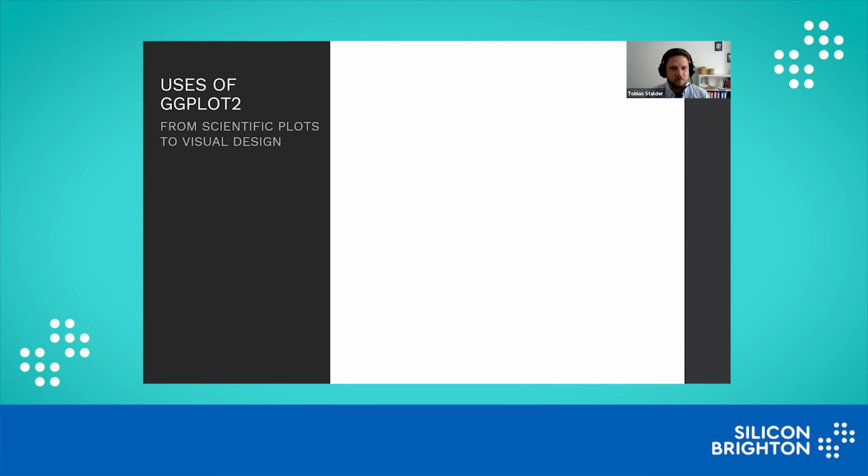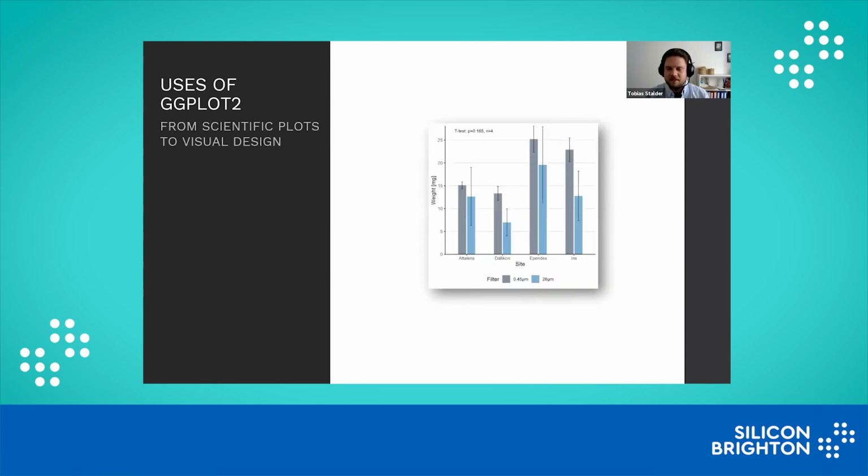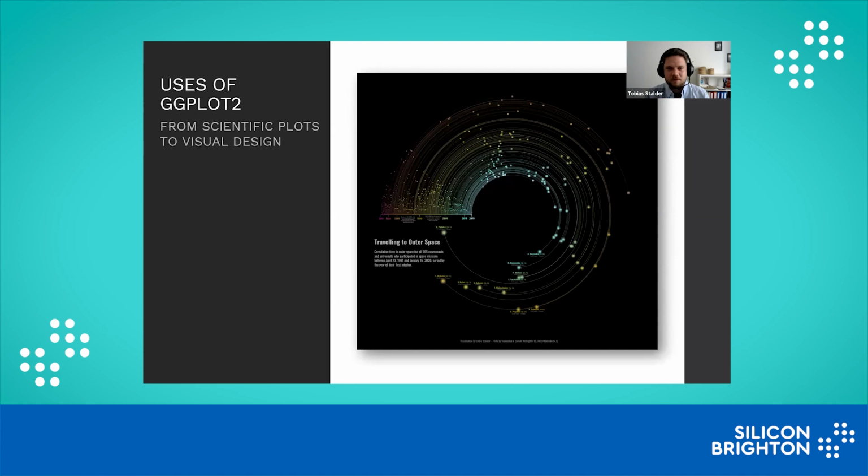So ggplot for me reaches really from scientific plots, like bar charts, standard deviations, significance levels, whatever, but also to these really sophisticated visual designs like this one from Cedric Scherer, who I guess the people on our Twitter know, who's really a grand master of making sophisticated visual designs with ggplot2, like this one, which is stunning just to look at without further explaining what is shown.